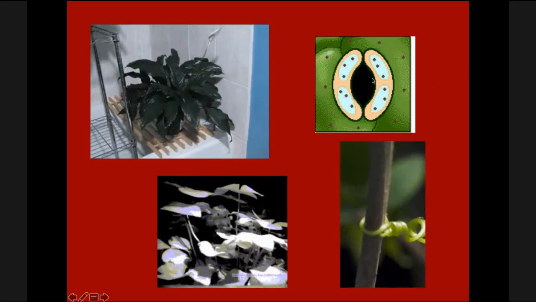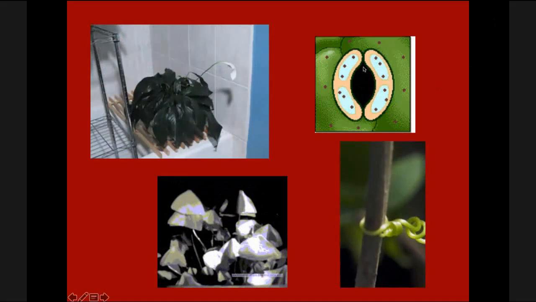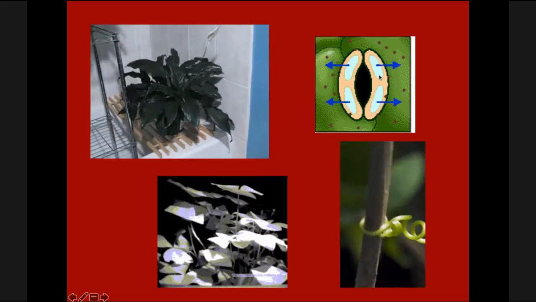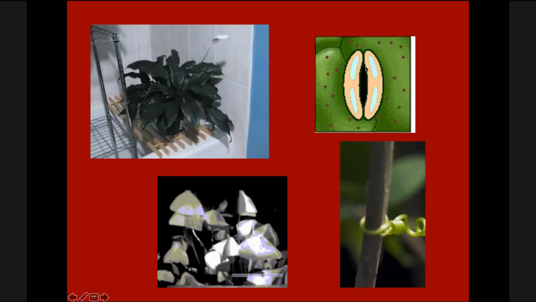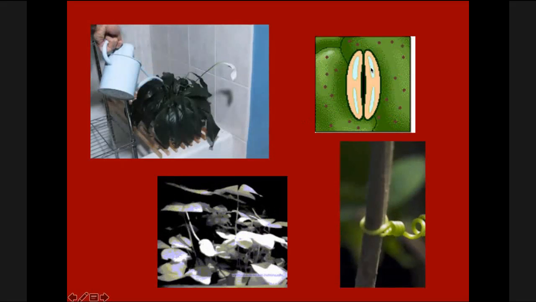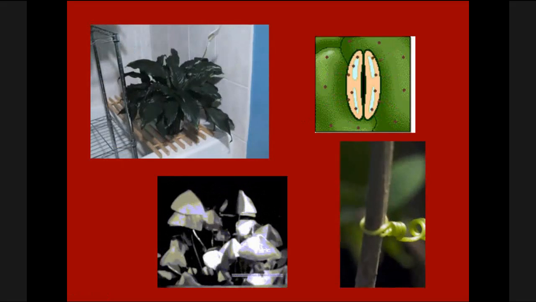Depending on whether they're turgid or not, it's going to cause this pore, this opening, to open or close. So they're manipulating solutes all the time to manipulate the movement of water to open or close these pores. These pores are on the underside of all the plant leaves. It's how the plant is regulating gas exchange with the environment.